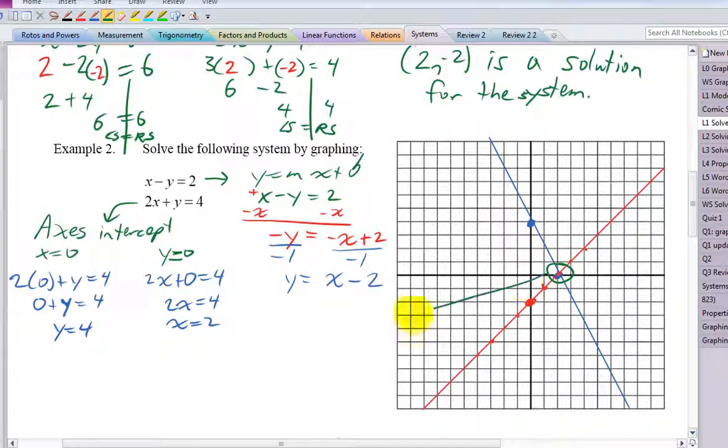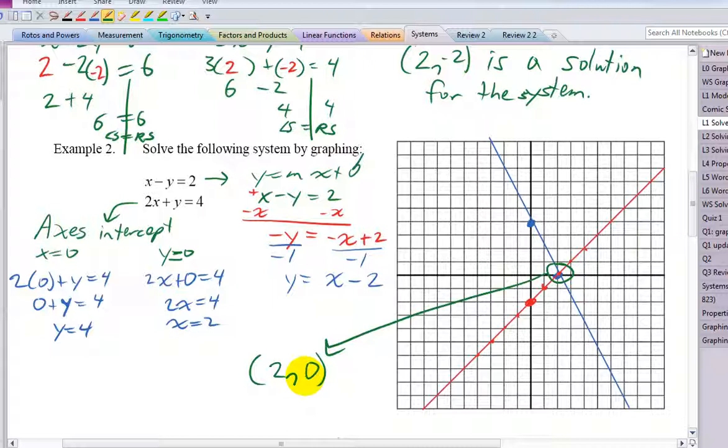And what's the solution? It's where they cross. So at this point, we get a solution of x is 2, y is 0. Good. Any questions?